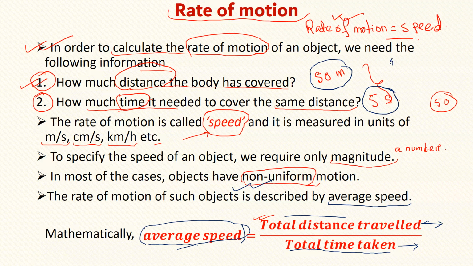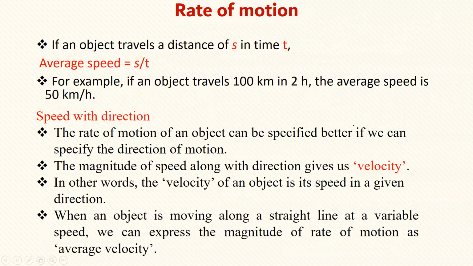The average speed will be 50 divided by 5. Write down the units, meter per second, which is 10 meters per second. So in this case, the object will have a speed of 10 meters per second.